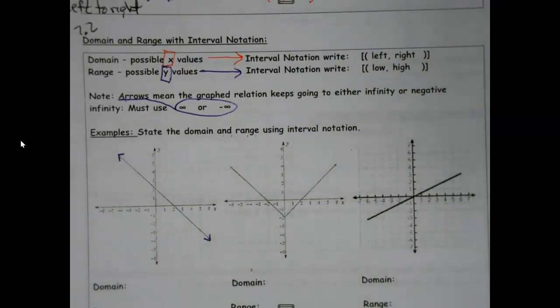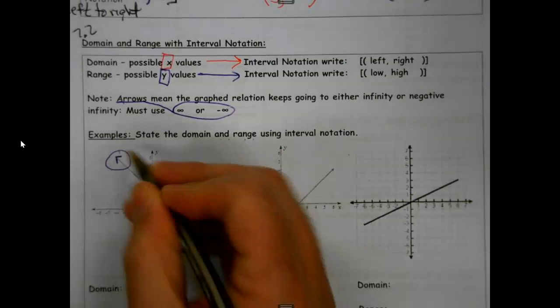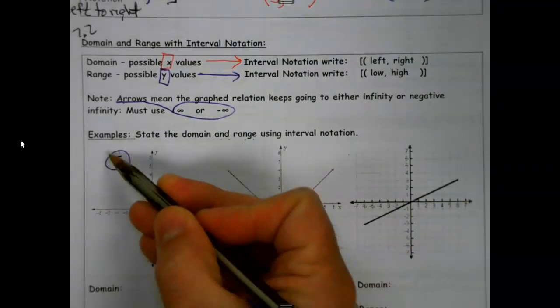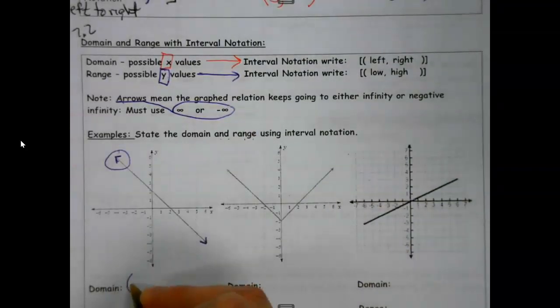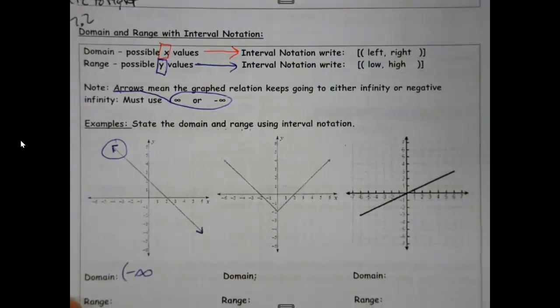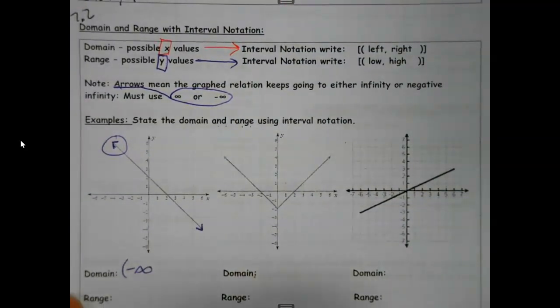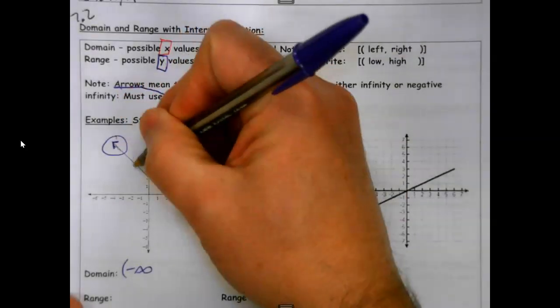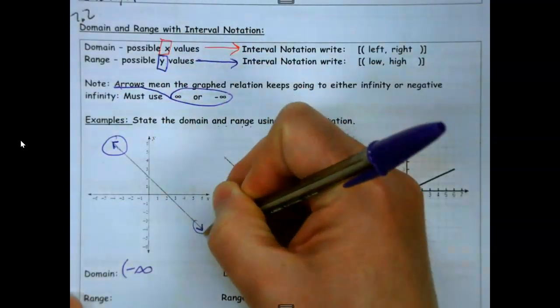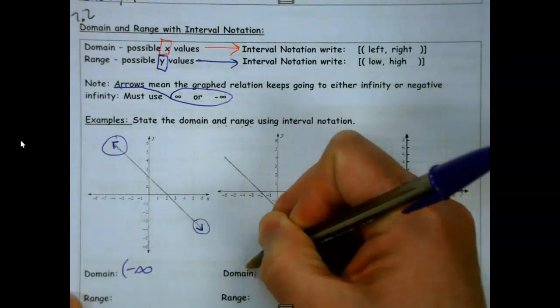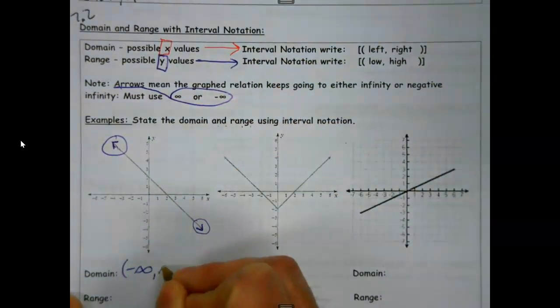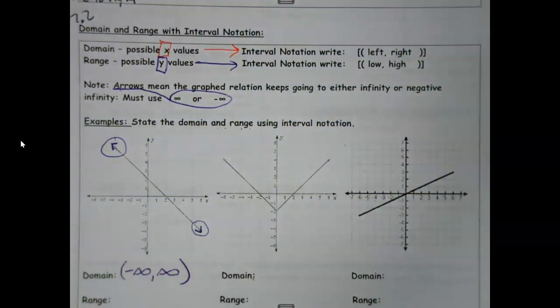So if I see arrows on both ends, domain says, what's going on from left to right? Well, that arrow tells me I'm going forever to the left. And as I follow my line to the right to see where it ends, I notice it's another arrow. It's just going to keep going. Infinity. Lots of infinity. It goes forever and ever and ever.